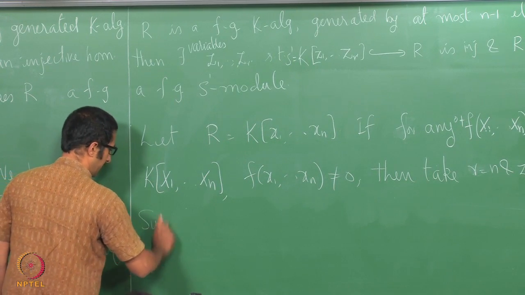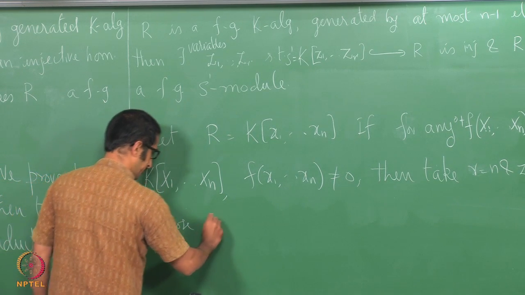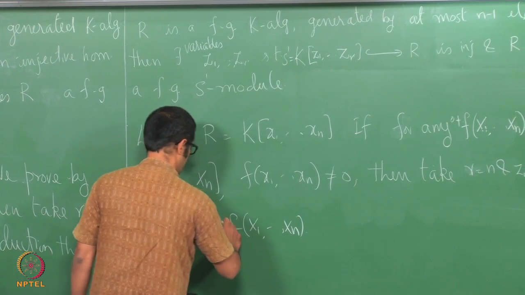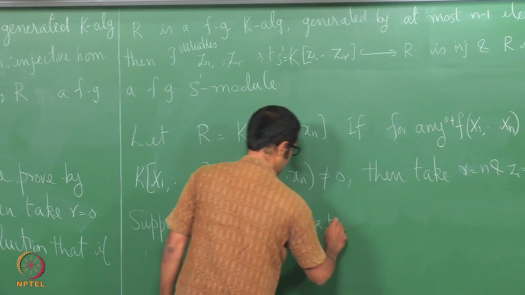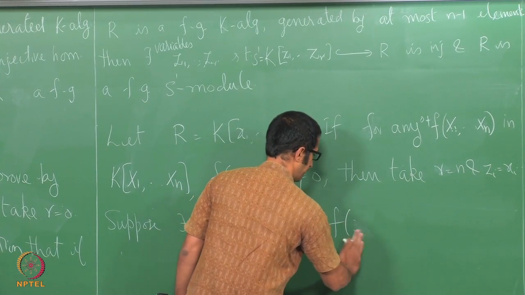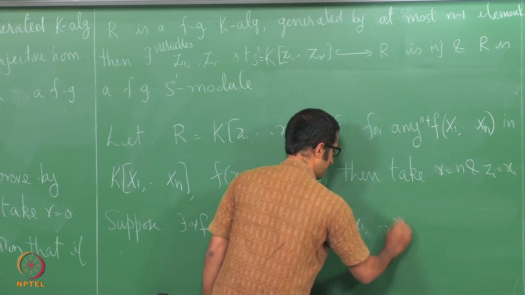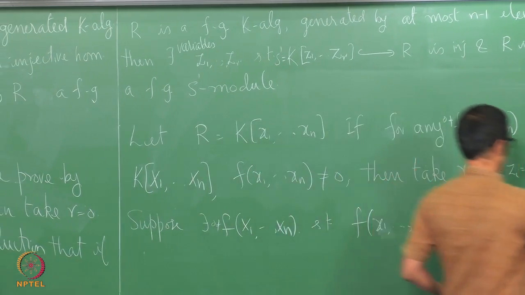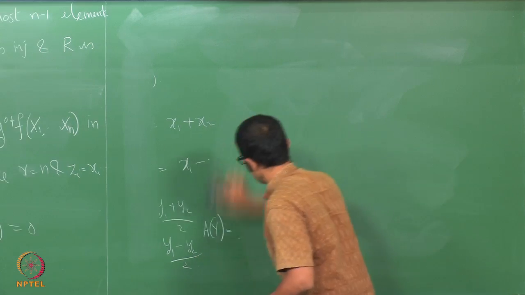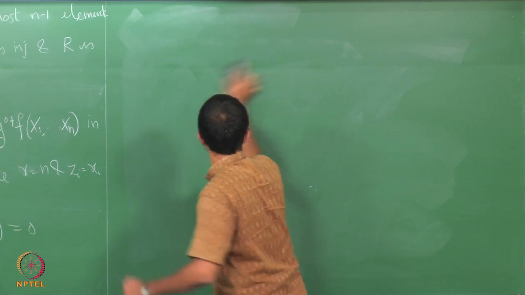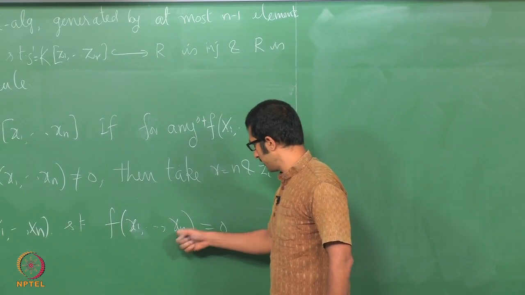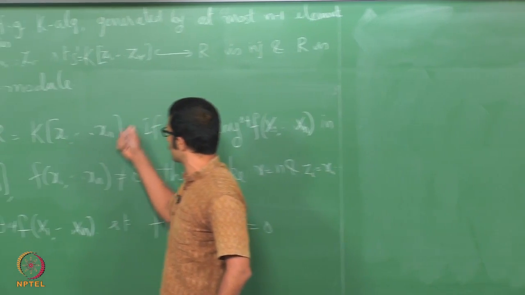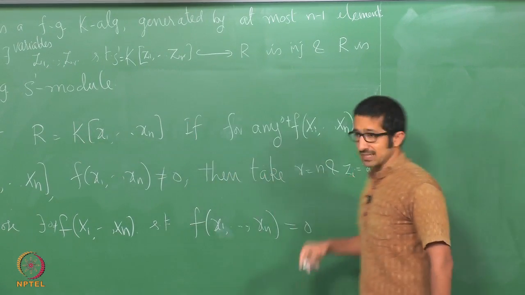So, suppose there exists a non-zero polynomial f such that f of x 1 up to x n is 0. Now, see, as in the case of the example that we discussed, the idea is again to bring this down to a case like this.